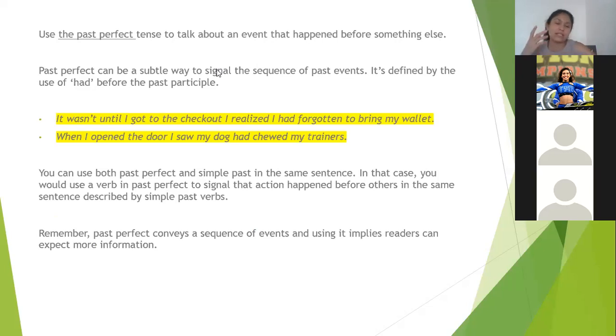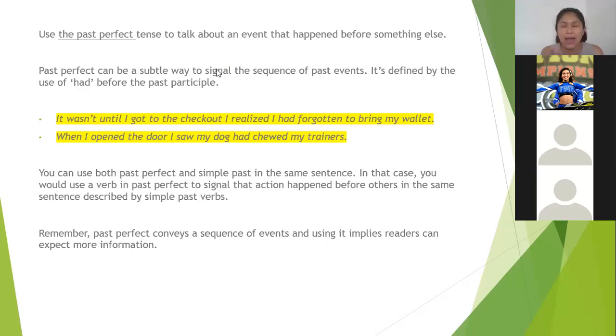For example, it says in here, past perfect can be a way to signal the sequence of past events. It's defined by the use of had before the past participle. The difference with the past perfect and the present perfect, for example, in the present perfect, we have have and has. And in the past perfect, we only have had plus the past participle. And it is used to talk about events that happened before another action finished.